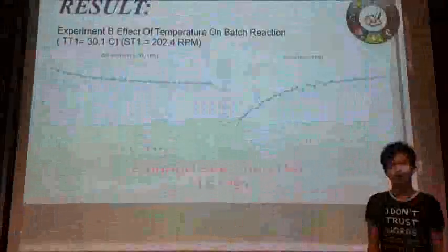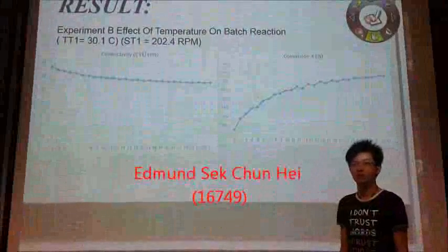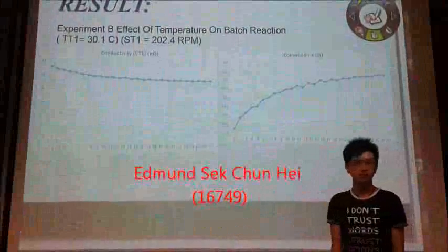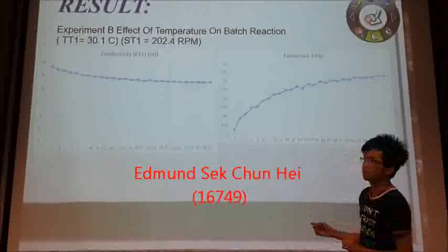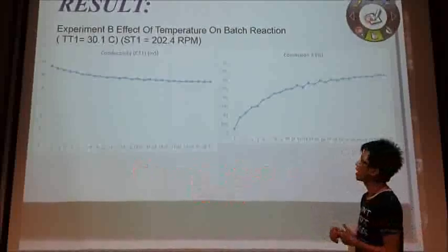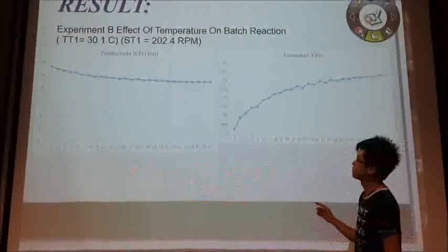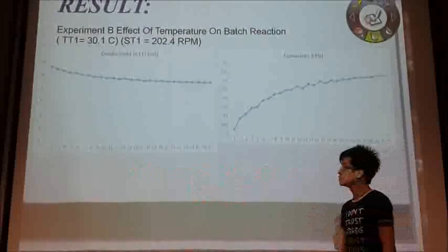Okay, I will talk about the results of the experiment we conducted over the past 3 weeks. The experiment is divided into 2 parts. The first part is adjusting the temperature to 30.1 degrees Celsius, while the RPM is adjusted to 202.4 RPM.